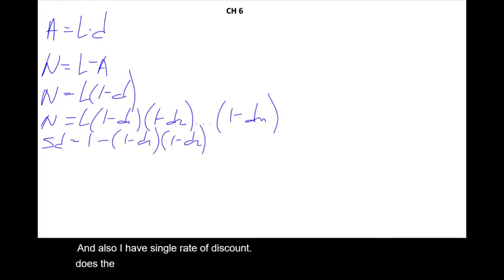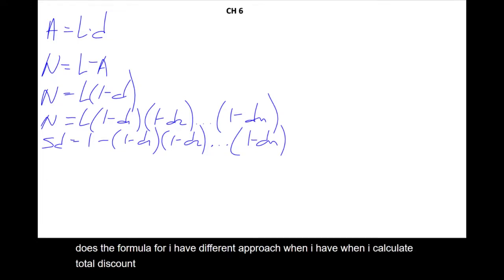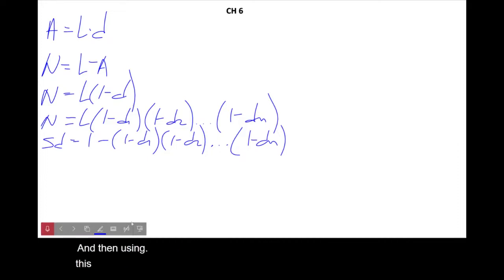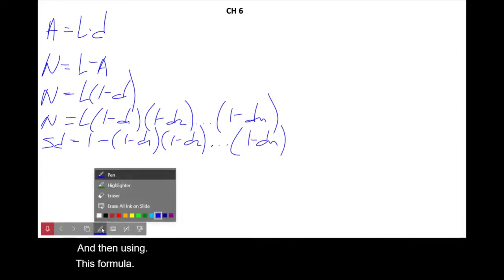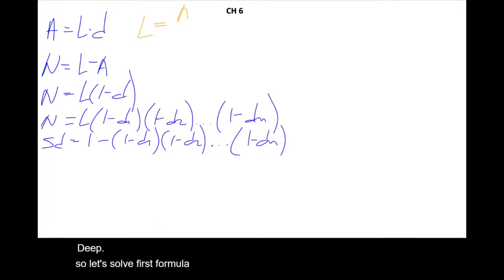That's the formula. Or I have a different approach when I calculate total discount amount, and then using this formula I can find D.